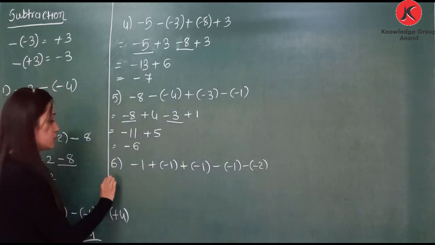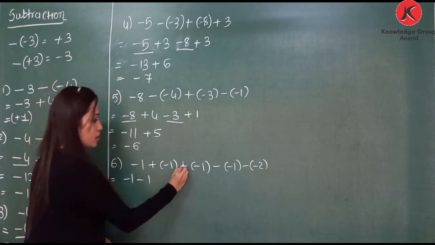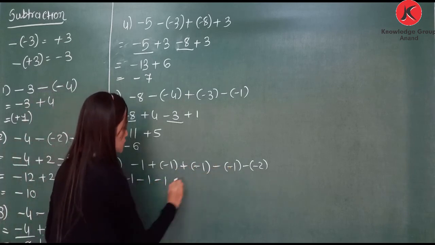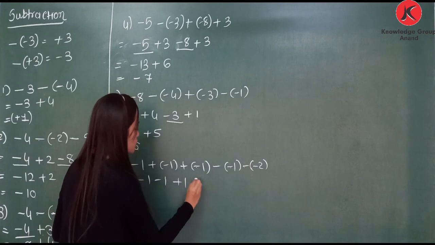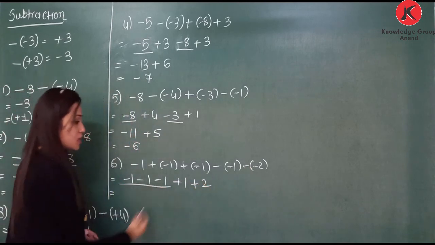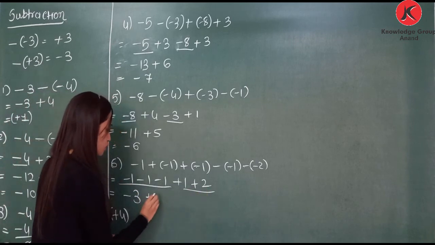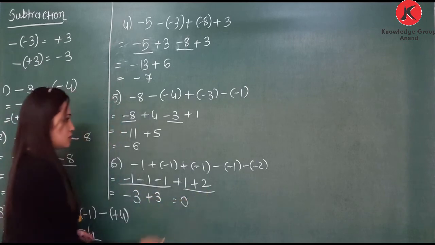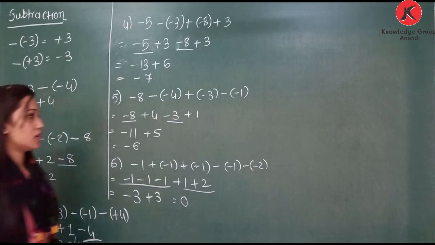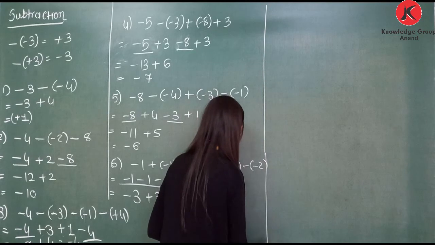This kind of example, change the sign first, plus minus 1, plus minus 1, minus plus. Now, same sign, so it is minus 3, same sign, so plus 3, and the answer is 0. Clear? So here you need to solve some examples in homework for subtraction also.